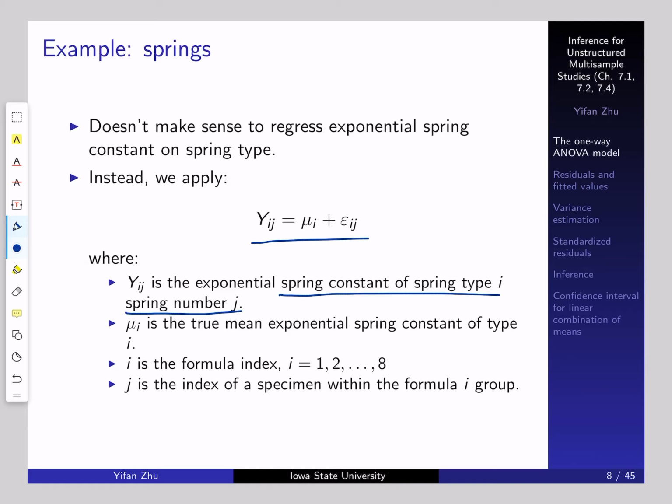And mu i is the true mean spring constant of type i, and i is the spring type, and it goes from 1 to 3. And j is the index of specimen within the ith group.